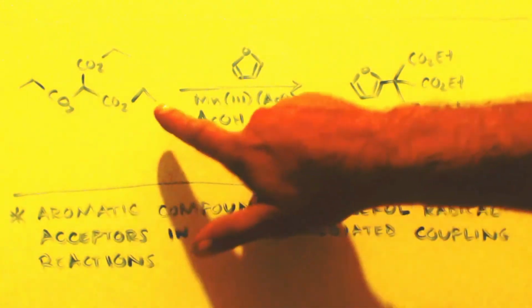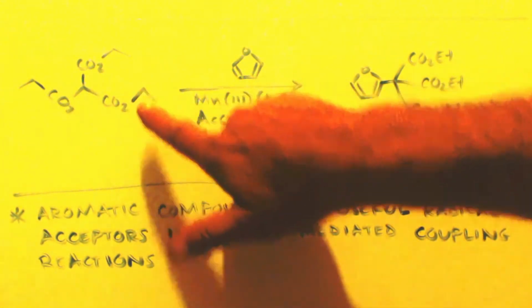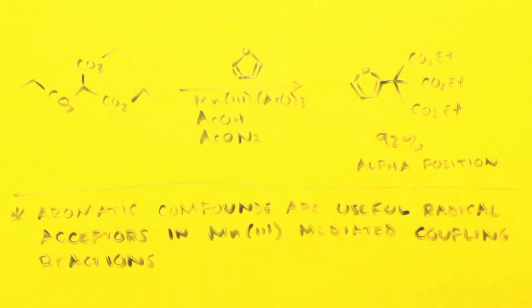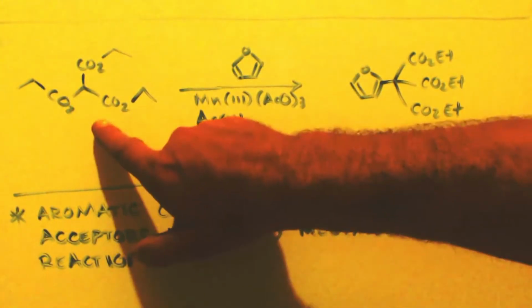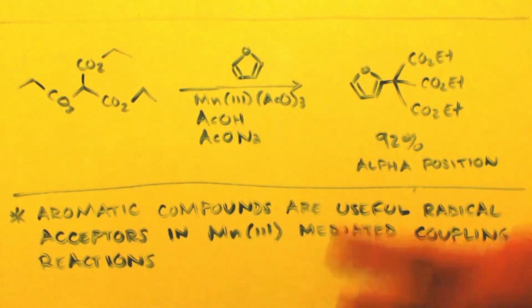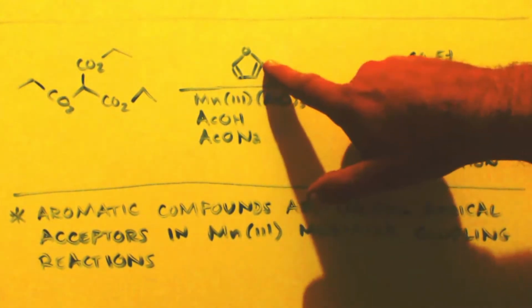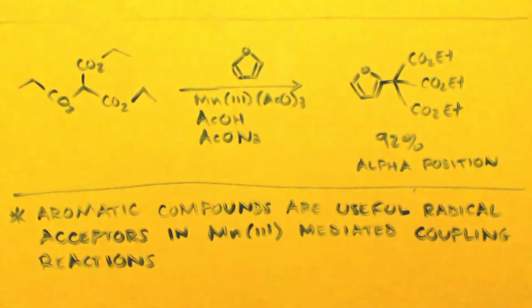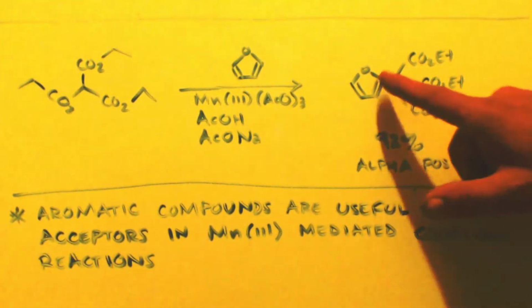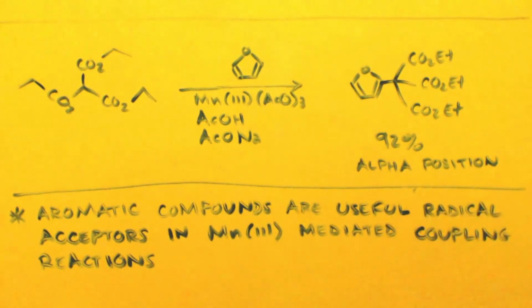And you can see instead of a ketone, it uses an ester as the carbonyl compound. And you can see it gets 92%. This is the aromatic compound it gives an example of. Alpha position, it's 100% alpha position, you get a 92% yield. So it works really well.